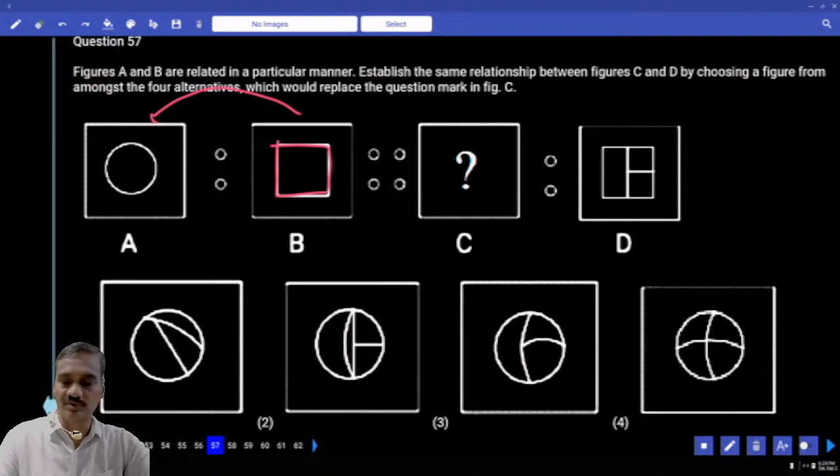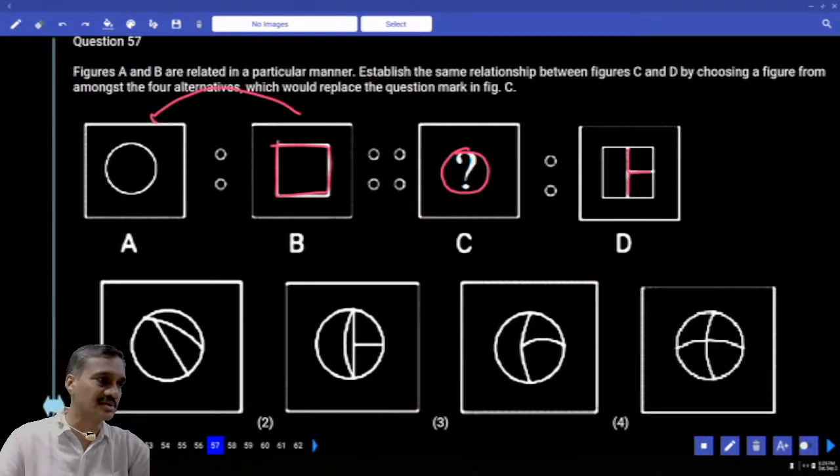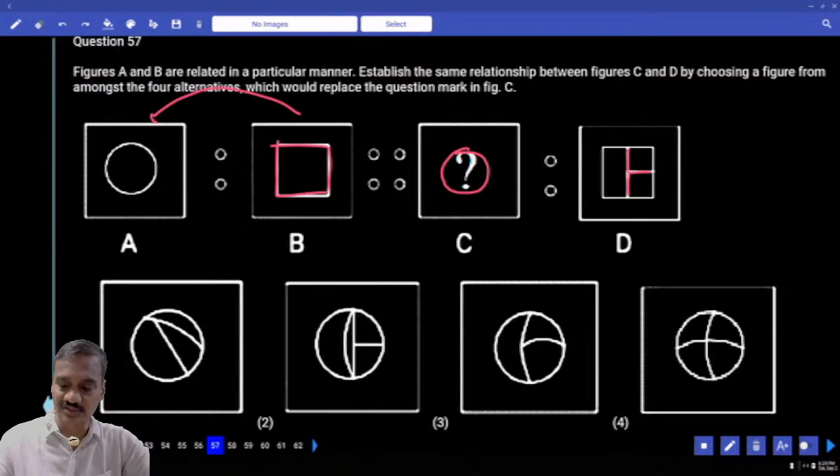Now here also, this square should become circle first. Then this square should become circle and this square should become circle, isn't it? Hence in this one there must be 2 internal circles, and they are not crossing each other. As they are not crossing each other, and this is one and this is another. Hence choice 3.